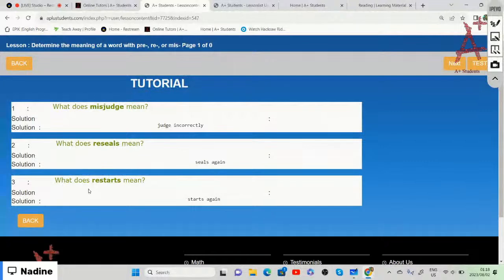What does restarts mean? Start is basically to start again. Start is the word that is on its own, but if we put those two words together, re and start, then it means to start again.